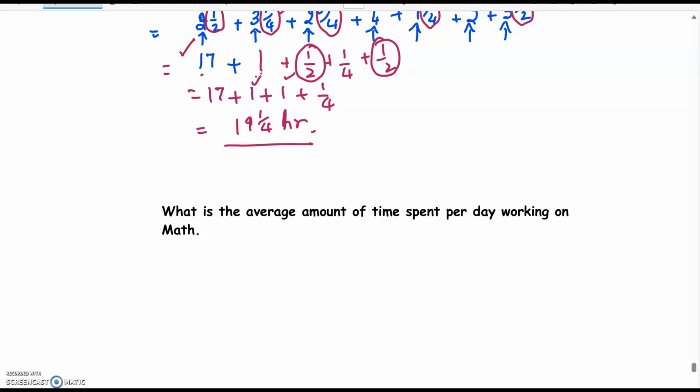So the total number of days in the week that we've recorded is 7. So if we take the total number of hours, basically we're going to divide by 7.